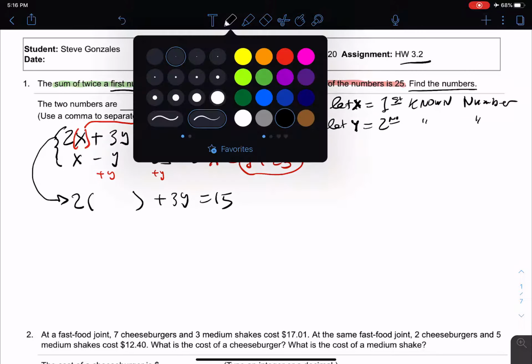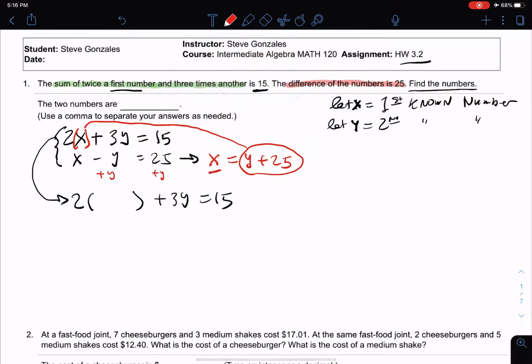Now remember, we just found out that x is the same as y plus 25. So what that substitution does for us is we get a new equation that's valid, 2y plus 50 plus 3y equals 15. That new equation only has y's in it, so that's really nice.